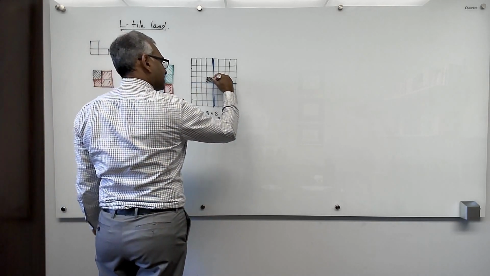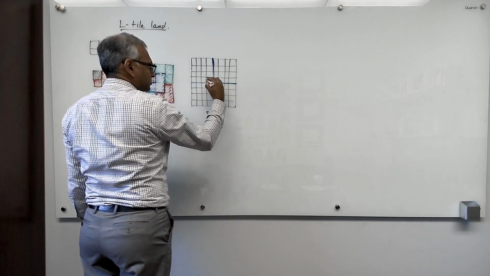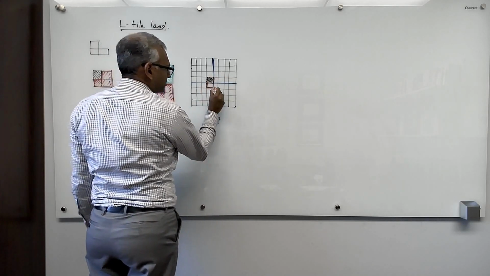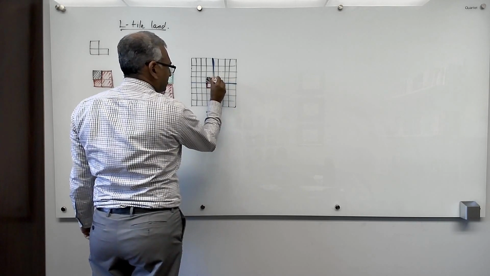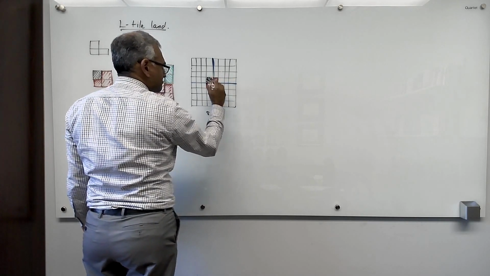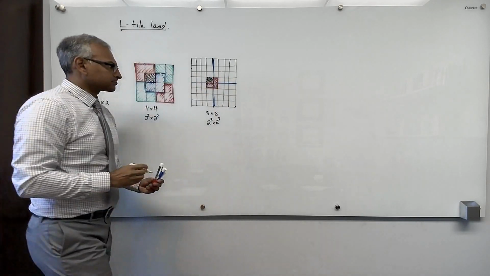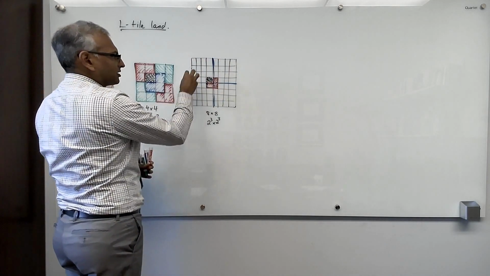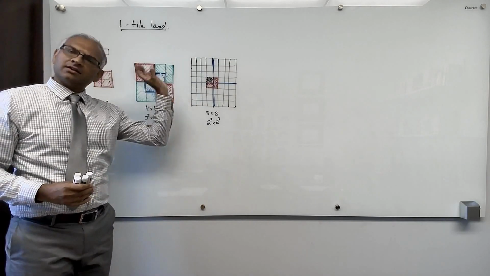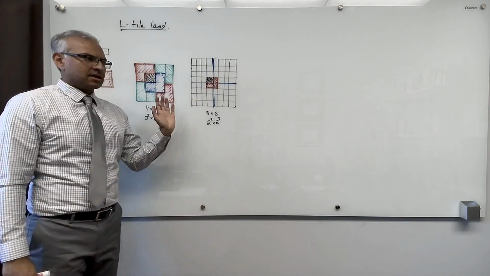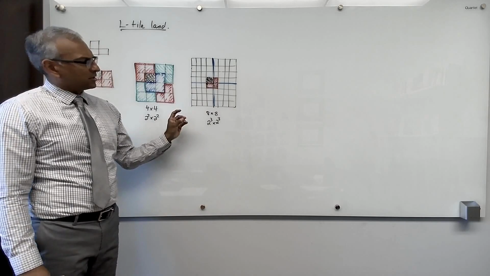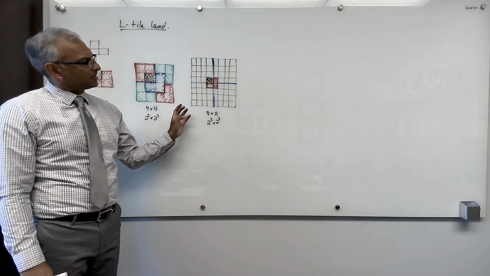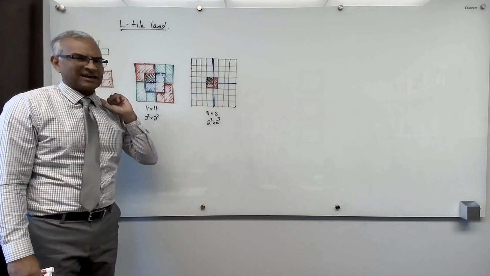So I'll place one tile in here so that it covers a square in each of the 4 by 4 grids. Now you see that I've got 4 similar looking 4 by 4 grids, and if I can tile each of them, then I will accomplish a tiling of the entire 8 by 8 grid minus 1.